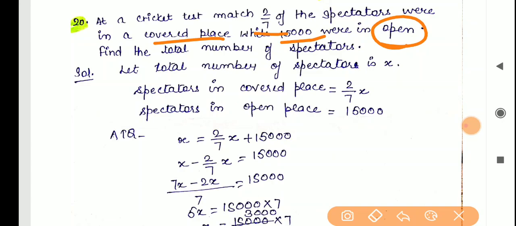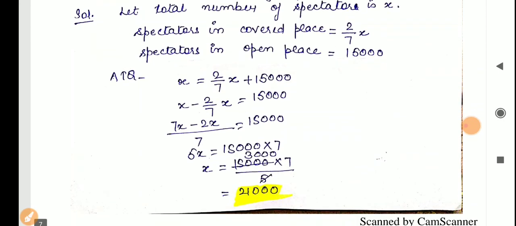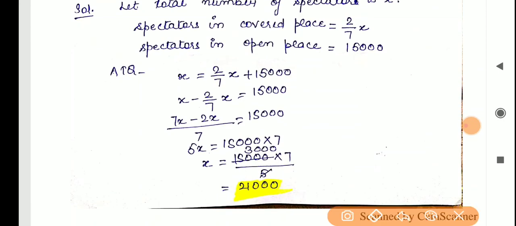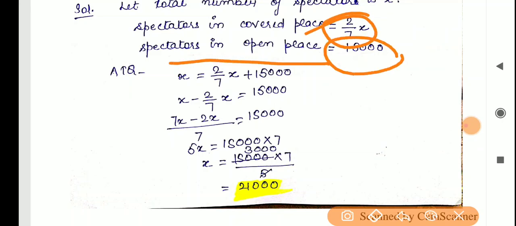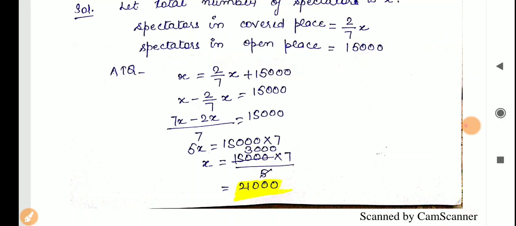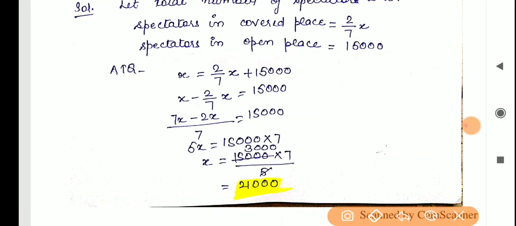So here what we will do, we will assume that the total number of spectators is x. Okay, so spectators in covered place are 2/7 of x. Fraction is given. Spectators in open place are 15,000. Clear? Then according to the question we will make the equation. So x is equals to 2 by 7 of x plus 15,000. I told you that the spectators in covered place we will add with the spectators in open place.